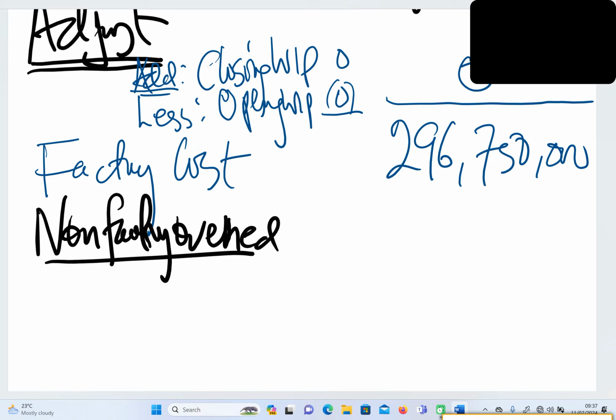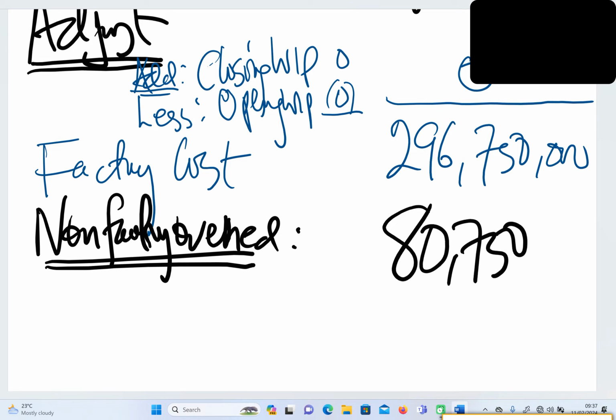Tulipata ngapi unakumbuka? Zero adjustment. Ilikuwa ni 30 jumlisha 30 jumlisha 25. Unatoa kwa ile inakuwa 80 na 750. Naikumbuka hiyo? Mwisho ndio tulipata hizo. Baada ya kuadjust. Jumlisha hizo sasa. Total cost ndio hiyo.